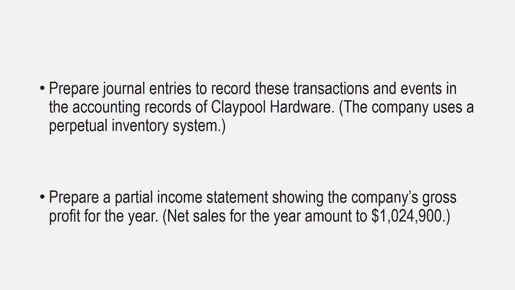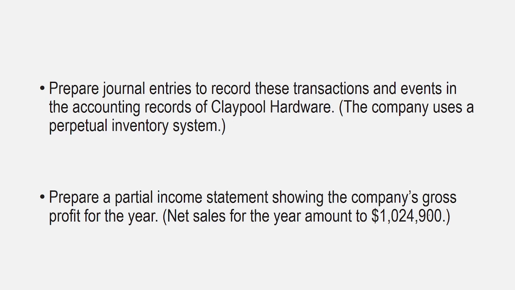Let's see together what tasks should be completed in this tutorial. There are generally two tasks for this tutorial. The first one is prepare journal entries. The next is calculate gross profit. In the first task, to prepare journal entries, we will create journal entries for each transaction and ensure they reflect the financial activities accurately.